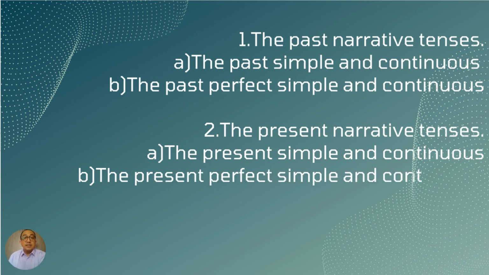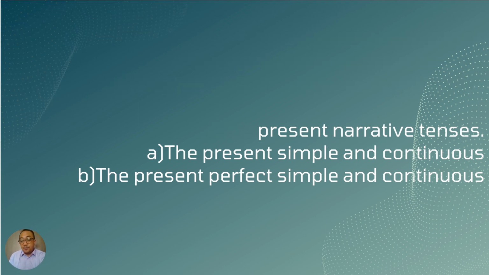That is the present simple, present continuous, present perfect, and present perfect continuous. And normally, because it is narrate, the meaning is to tell a story. It is used in spoken expression, we can use the present narrative tenses. But if it is in the past, normally we make it in the past narrative tenses in the written form.